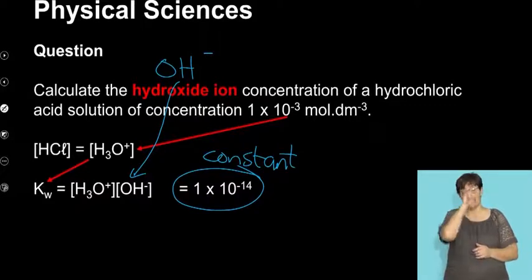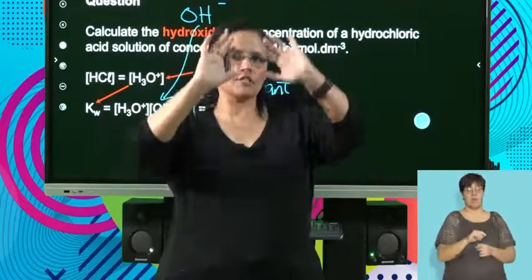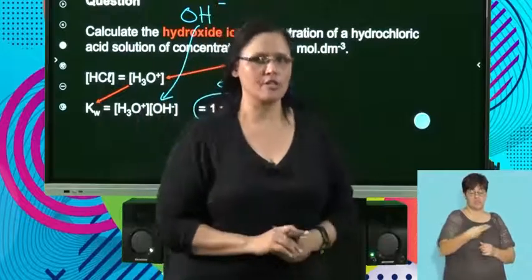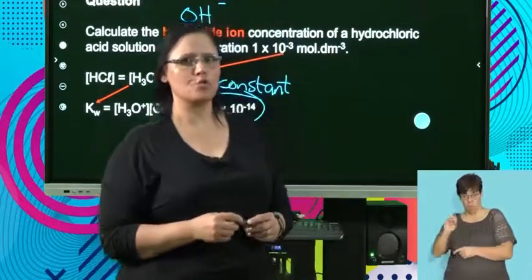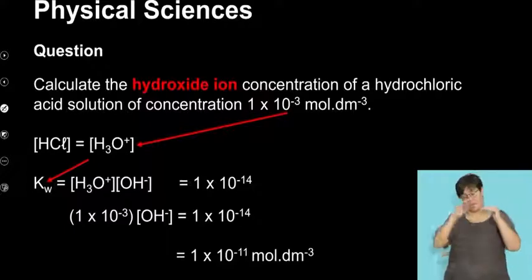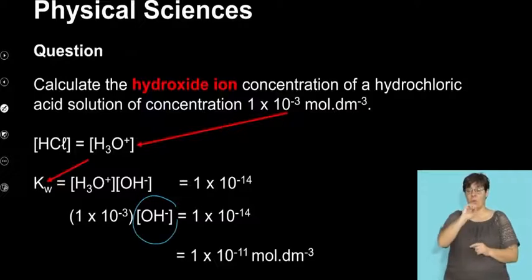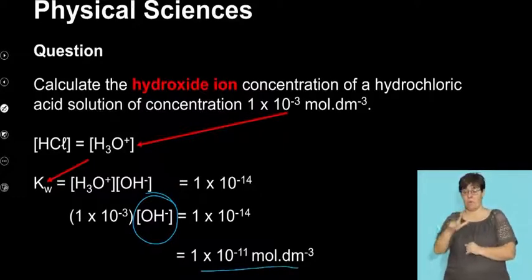Remember we said Kw remains constant. Your hydronium ion concentration and your hydroxide ion concentration are inversely proportional. So we can then say that if that is all equal to 1 times 10 to the power minus 14, my hydroxide ion concentration is 1 times 10 to the power minus 11 moles per decimeter cubed.